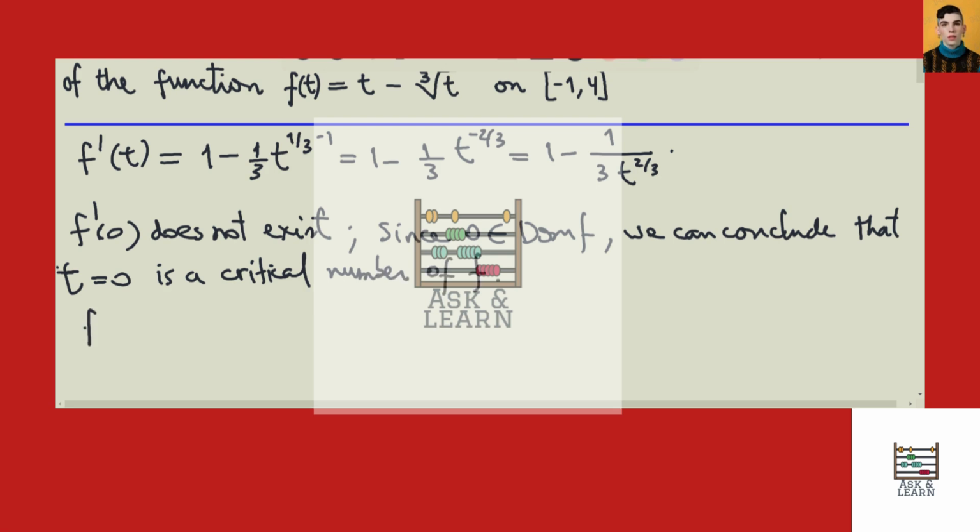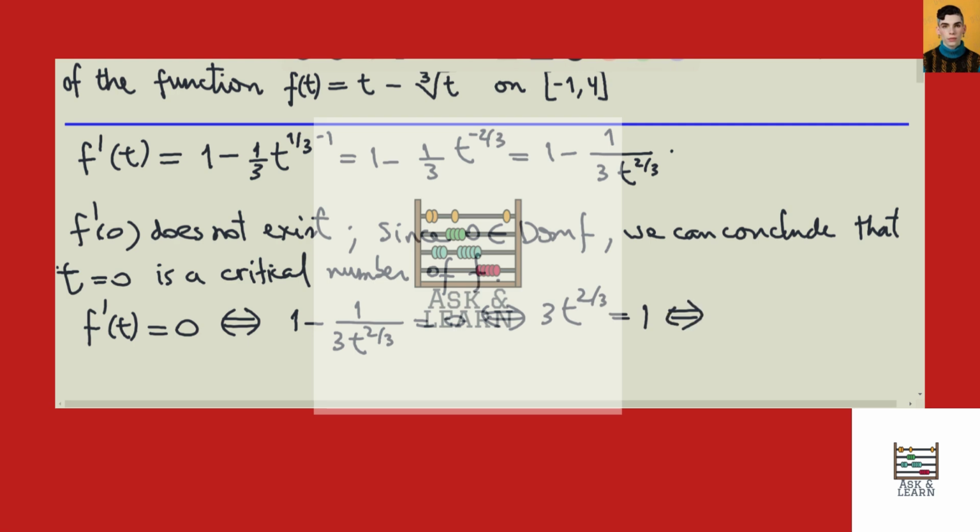Now we've got to solve the equation f derivative equals 0. That's equivalent to 1 minus 1 over 3t to the 2/3 equal to 0. That's the same as 3t to the 2/3 equal 1, and in fact this is the same as t to the 2/3 equal 1/3.